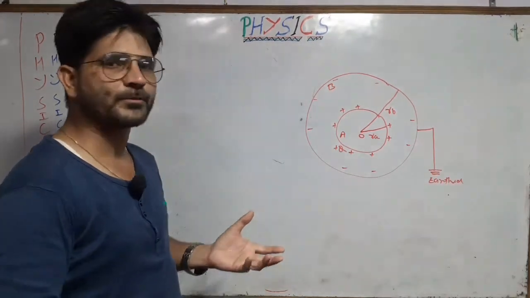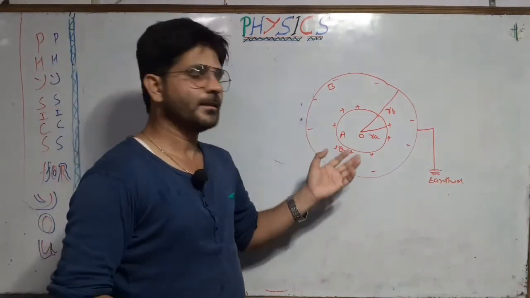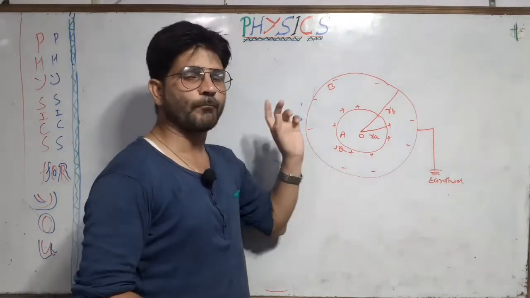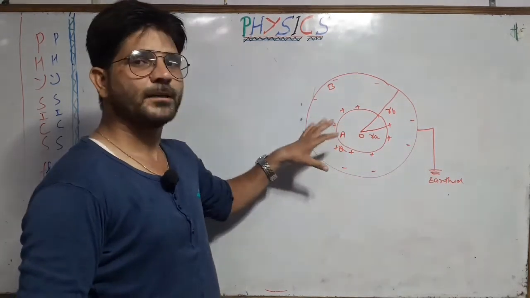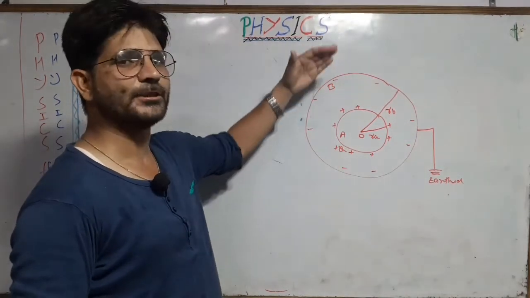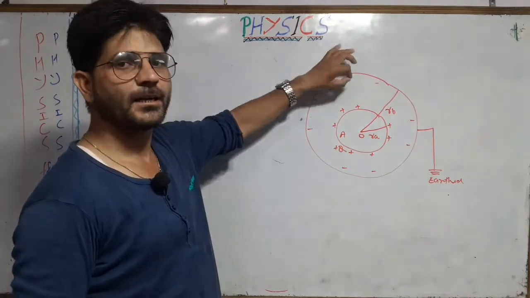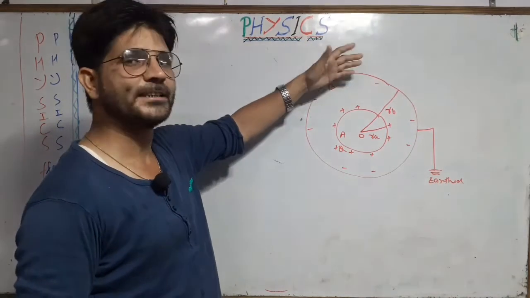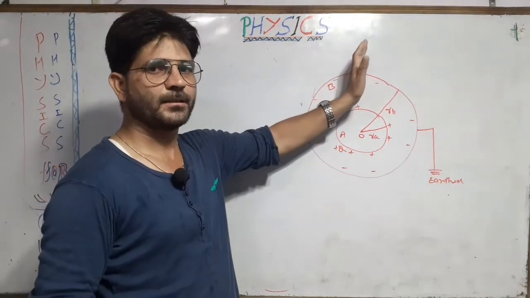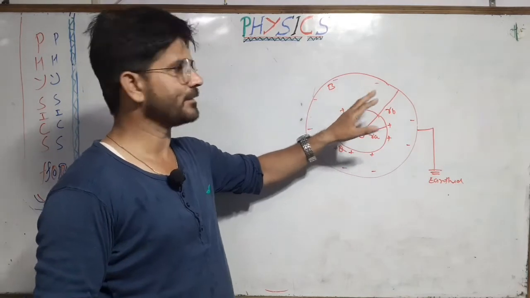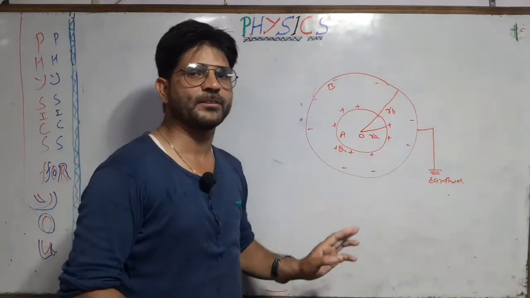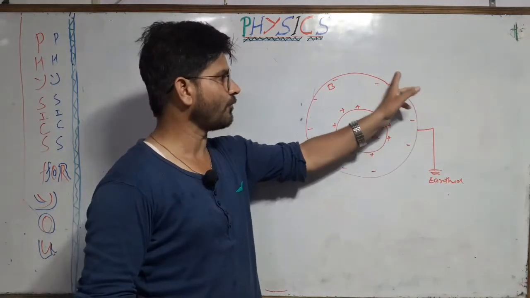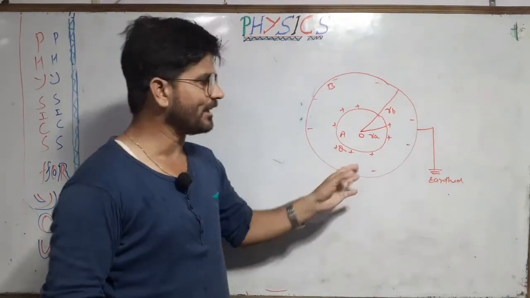The mechanism of a capacitor is this: when we give a charge to one conductor of the capacitor, the same charge, opposite in nature, is induced on the inner surface of the other conductor, and the similar charge is induced on the outer surface. Because the outer surface is earthed, this charge of the outer surface is removed by the earth.